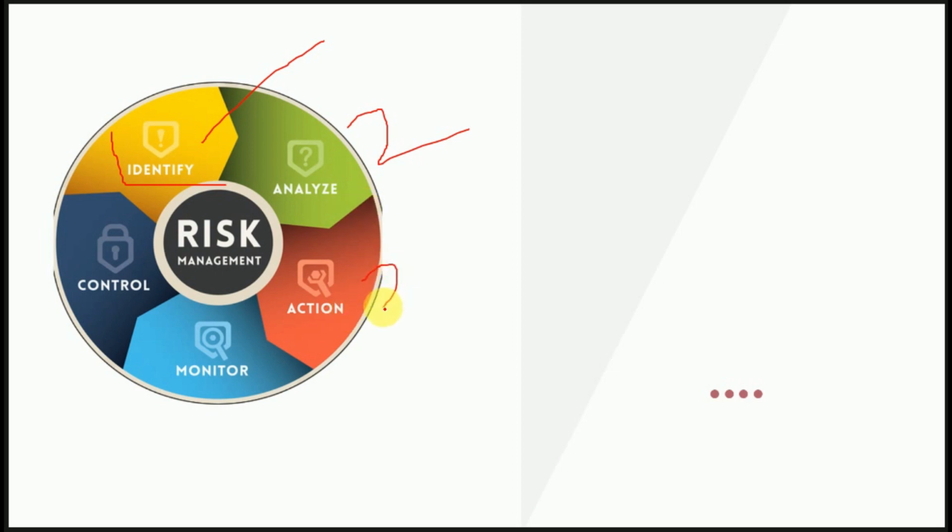Third, we plan the risk response and implement those responses whenever a risk occurs on our project. Fourth, monitor, and fifth, control. We monitor the responses which we have implemented. We see throughout our project the effectiveness of the responses which have been implemented.